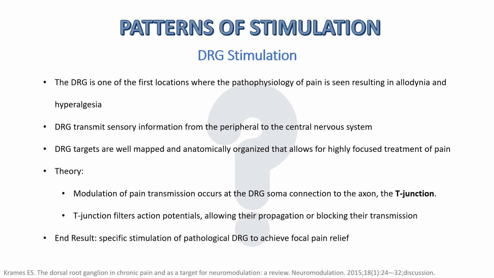This T junction filters action potentials, either allowing their propagation or blocking their transmission to higher sensory systems. The end result is specific stimulation of pathological DRG to achieve focal pain relief.